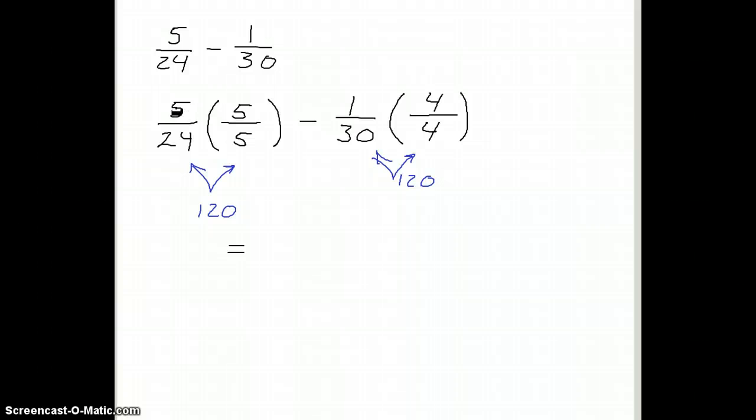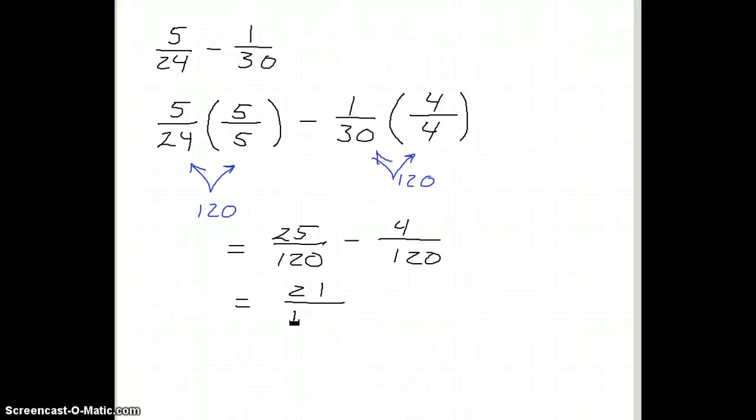I can rewrite my problem now like this. Remember, we're multiplying, so it's 5 times 5, or 25, over 120, minus 4, 4 times 1, over 120, which gives me 21 over 120. I think those factor.